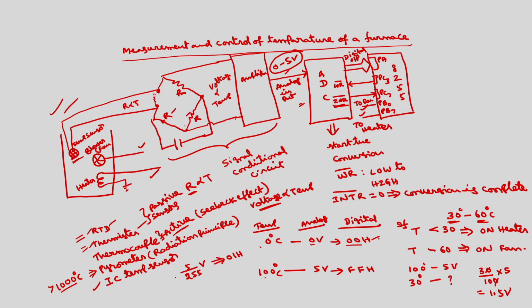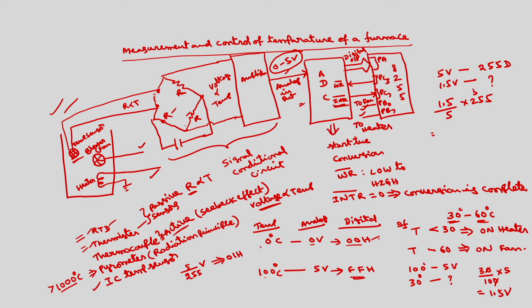Otherwise, 5 volts corresponds to FFH, that is 255. If I take the decimal value, later I will convert it into hexadecimal. So 5 volts corresponds to 255 decimal, and 1.5 volts corresponds to 1.5 divided by 5 into 255.